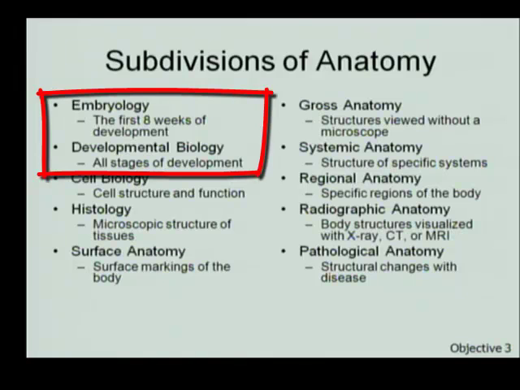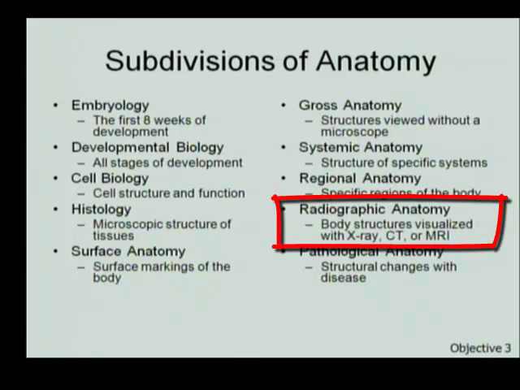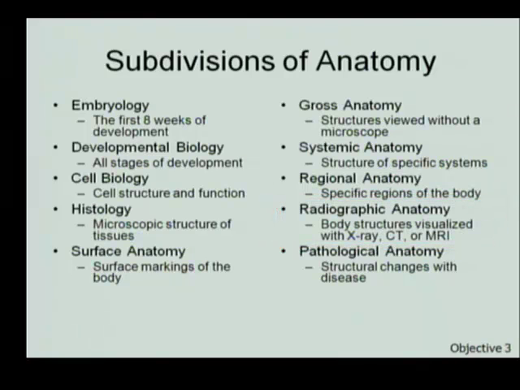Embryology and developmental biology are related fields of anatomy that look at how structures develop. We're only going to touch on those in this course fairly briefly. Similarly with radiographic anatomy, because many of you are going into radiographic allied health specialties, we'll cover a little bit of radiographic anatomy. We'll actually do that starting in this module, Module 1.